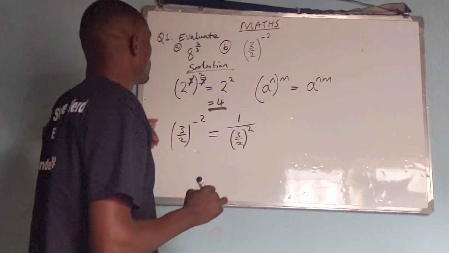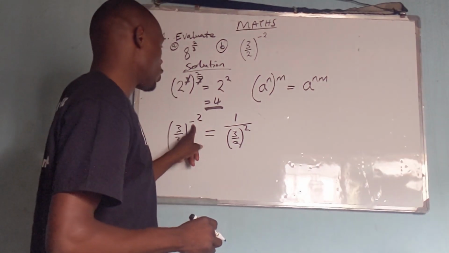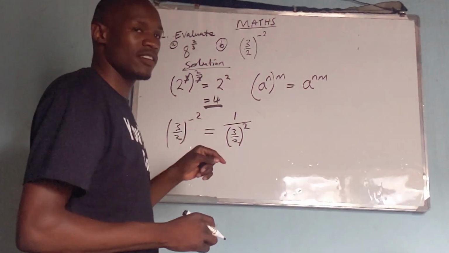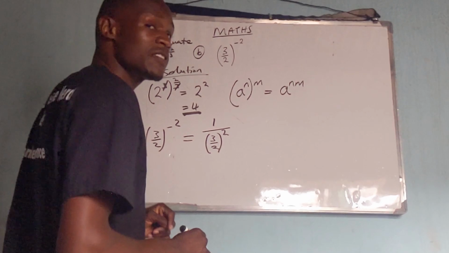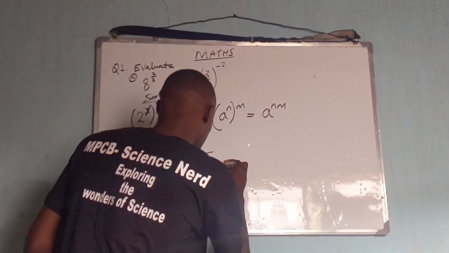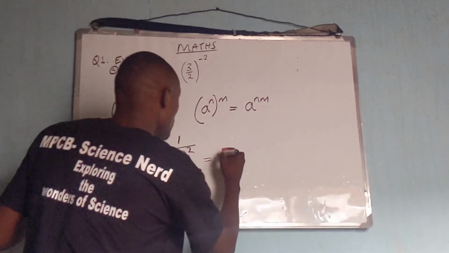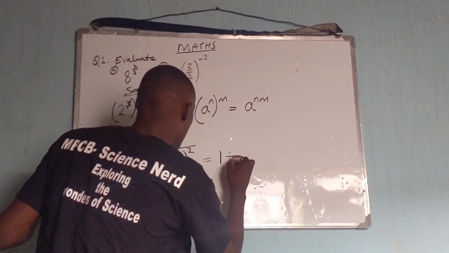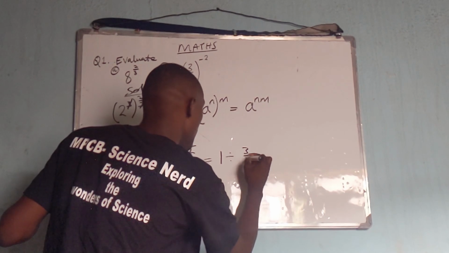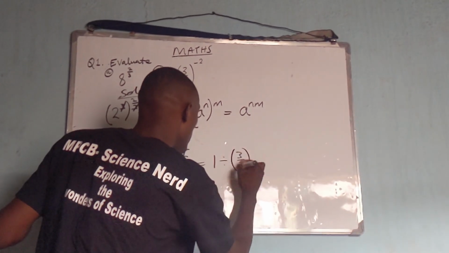So in short, we are changing this negative to be 1 over. Next, we can write this as 1 divided by 3 over 2 to the power 2.